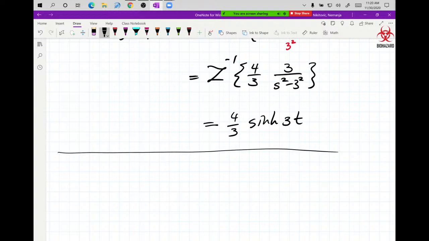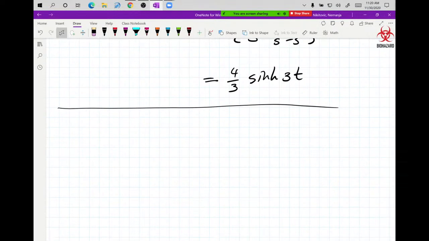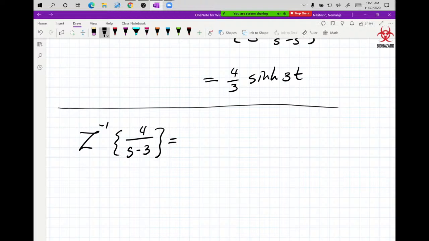Another case that is also a basic case would be if you have, let's say, inverse Laplace of 4 over s minus 3, whatever. So this works out to be, you kick 4 in front of the Laplace transform, and you have 1 over s minus 3.